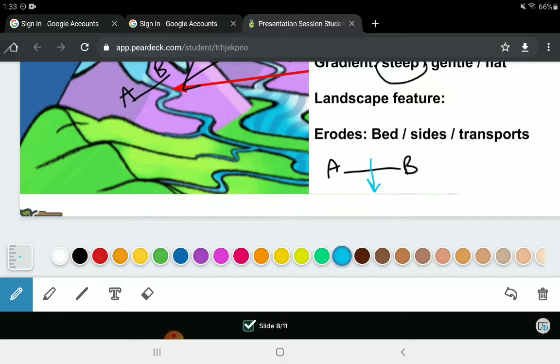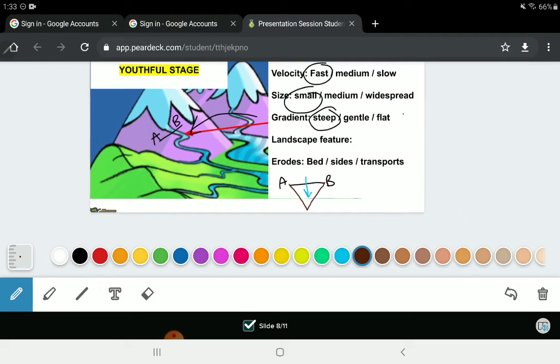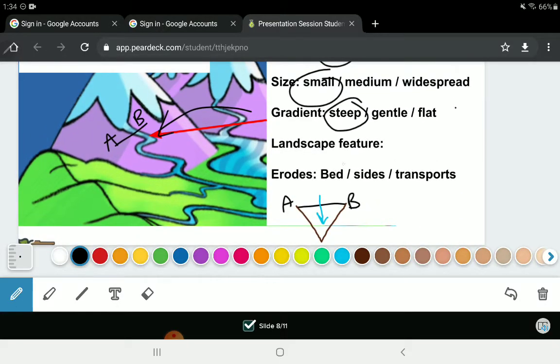The fact that water wants to go straight down and get to the lowest elevation possible as quickly as possible means that those headwaters are ultimately going to make a V shape, because they're going to erode the bedrock rather than eroding the sides or transporting. They want to erode the bedrock.